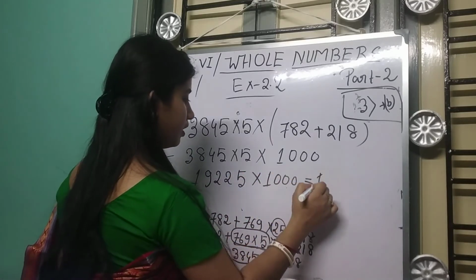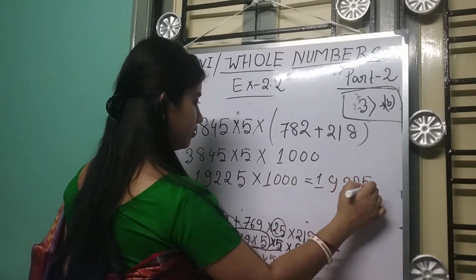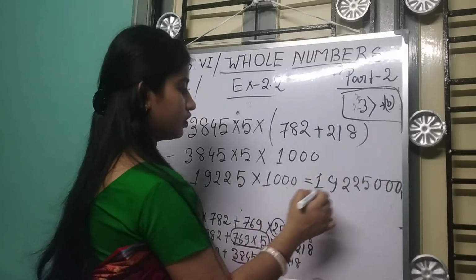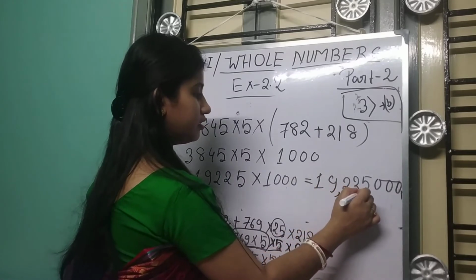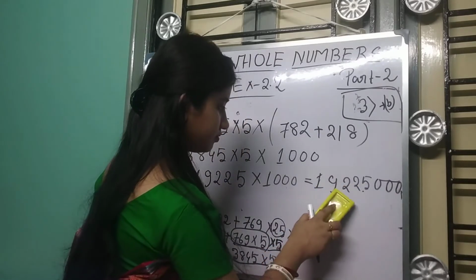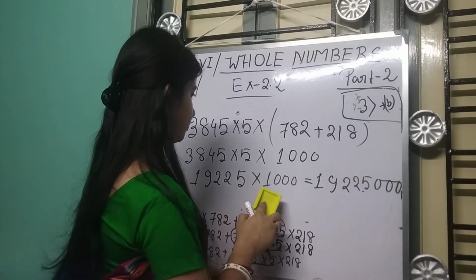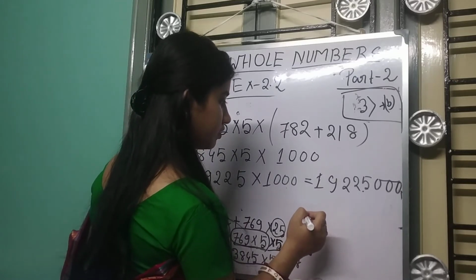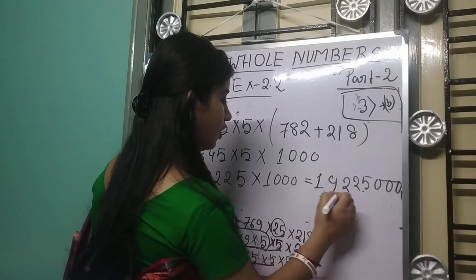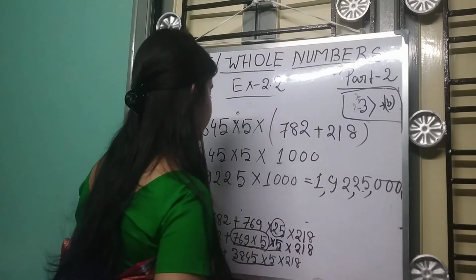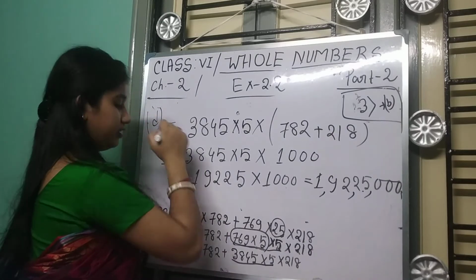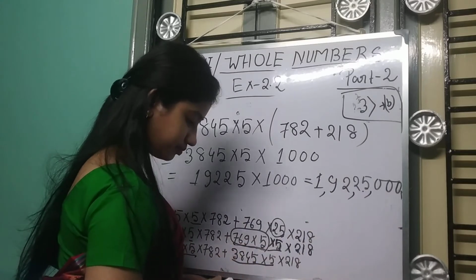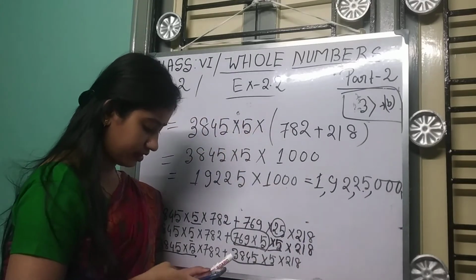So you get 1,92,25,000. So this is 3D. The product value is 1,92,25,000.